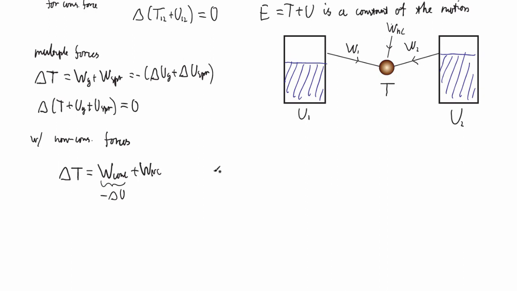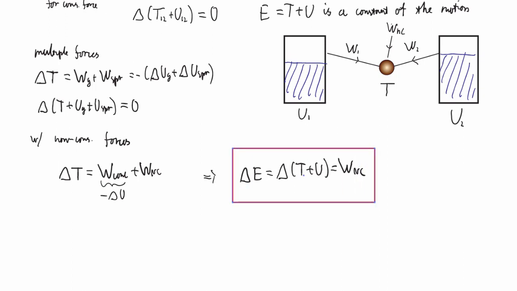So in general then, the change in the total energy, that is the change in the kinetic and the potential energy, equals the work done by the non-conservative forces. And that's a more general formulation of the work energy theorem in the presence of conservative forces and therefore potential energy.